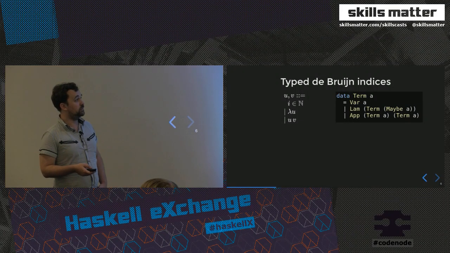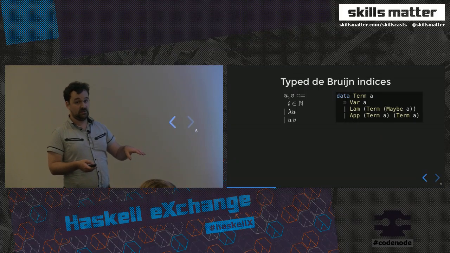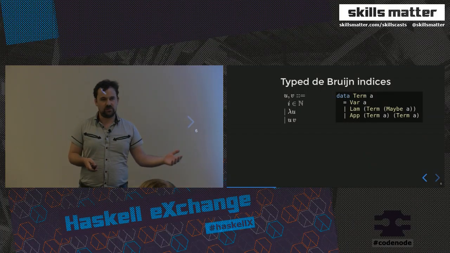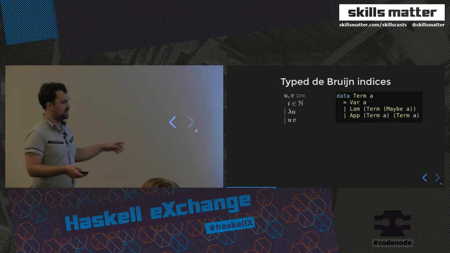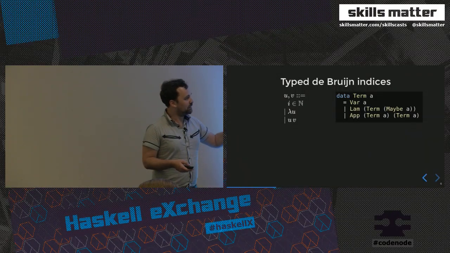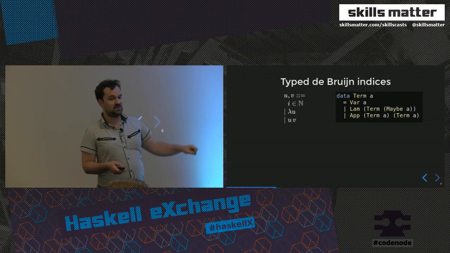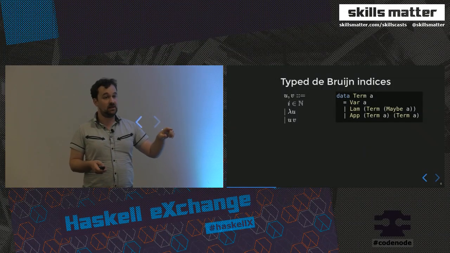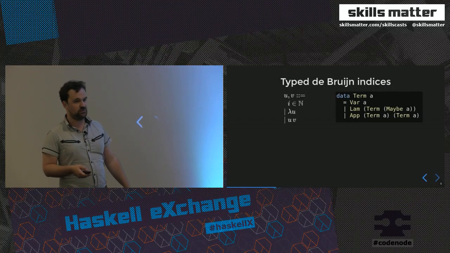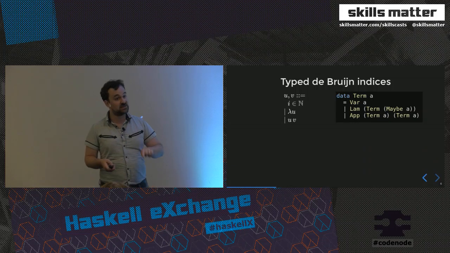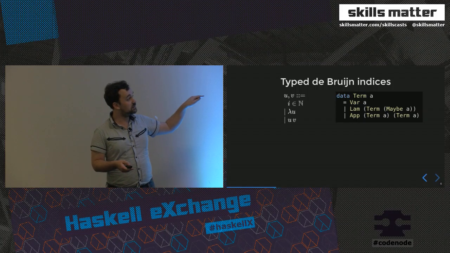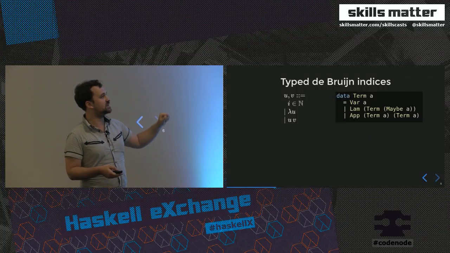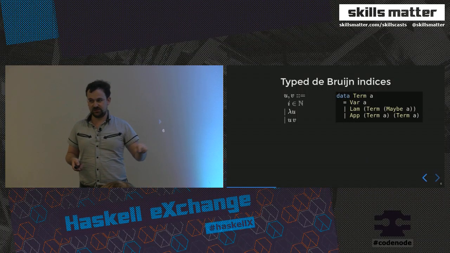So when you want to speak about the variable that this lambda introduced, you say Nothing, which is a bit mind-bending, but I couldn't have named it otherwise. But anyway, Nothing is that variable that I just introduced, and Just v is what v was before I introduced a new variable. So it just skips over the lambda, and then continues interpreting my variable. So it does exactly the same thing as the De Bruijn indices, it just counts the lambdas.